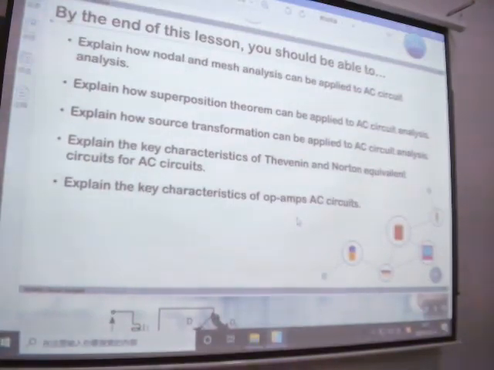After this lesson, I hope everyone can explain how nodal and mesh analysis can be applied to the AC circuit, explain how the superposition theorem and source transformation can be applied to AC circuit analysis, and also explain the key characteristic of Thevenin and Norton equivalent circuits. That's all for this lesson.